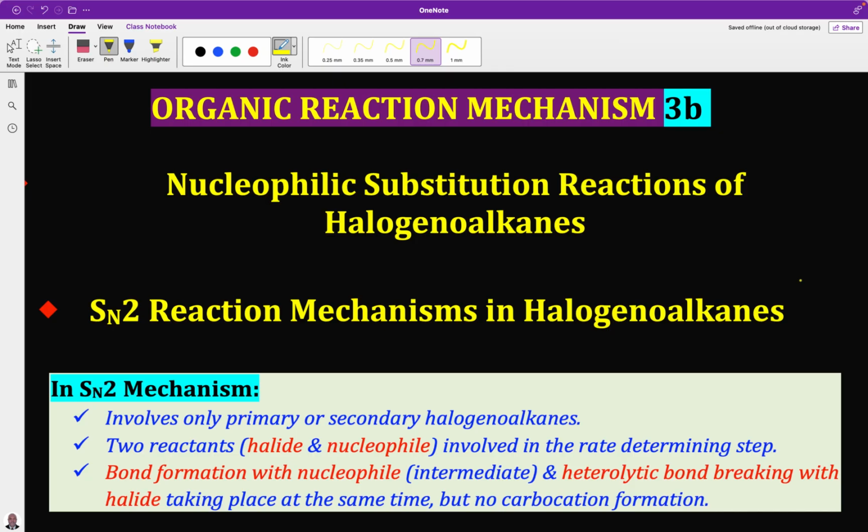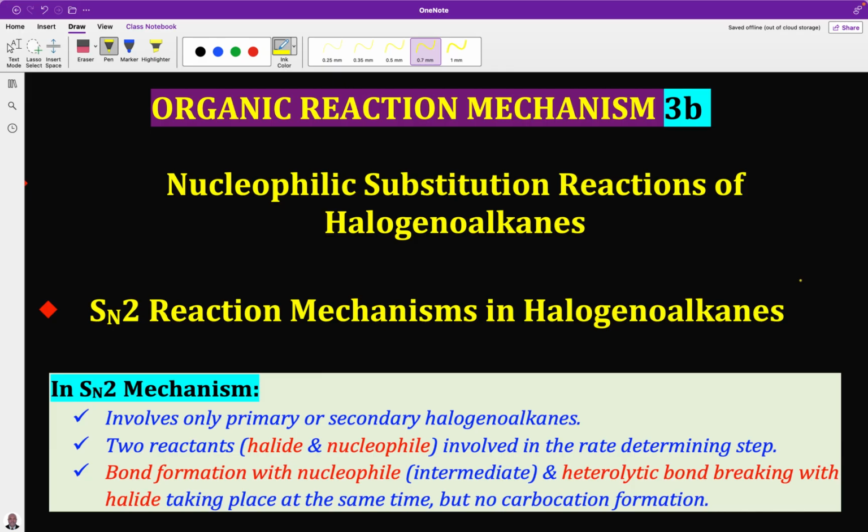At the same time, there is a heterolytic bond breaking with the halide. All these are taking place at the same time. When the halide finally breaks off, the nucleophile substitutes it. Once more, there is no carbocation formation when it has to do with SN2.